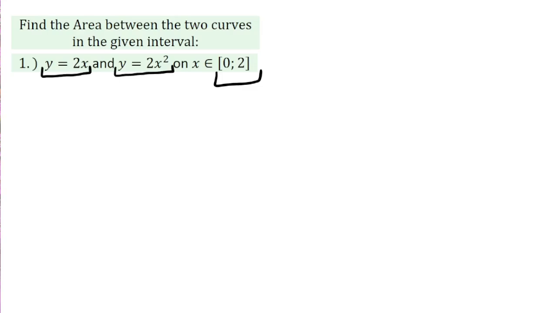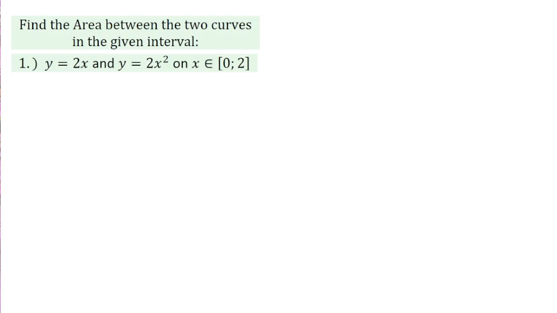And you'll understand that point when we go further. We know how to draw these graphs. It's a linear function, and this one is a parabola. But how do we know how to specifically draw it? Well, the first thing we need to do is find the points of intersection. We need to know where they intersect first, so we can properly illustrate these functions.